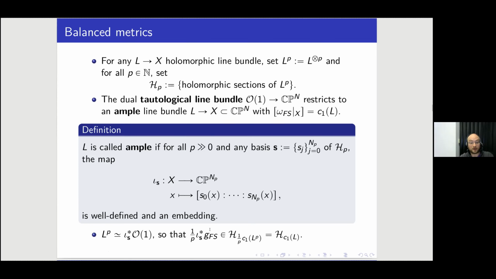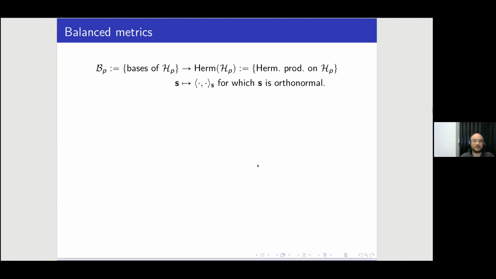So in particular, the pullback of the Fubini-Study metric, like in the beginning but for these bigger spaces, 1 over P of this belongs to the space of Kähler metrics in the class 1 over P of c_1(L^P), but by multiplicative properties of the Chern character this is simply c_1(L). So for each embedding, you have families of Fubini-Study metrics, which are all in this fixed space of Kähler metrics in this Kähler class, right? And this is what is going to interest us.